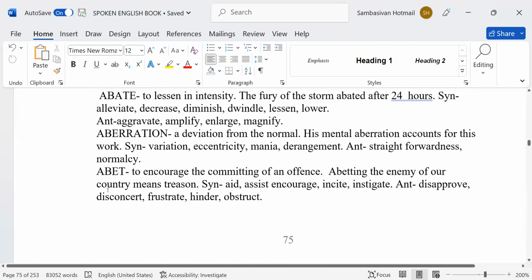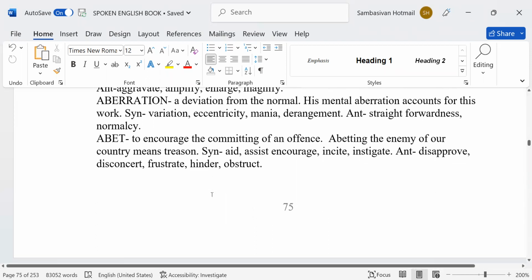Good. Continue. Aberration: a deviation from the normal. His mental aberration accounts for this work. Synonyms: variation, eccentricity, mania, derangement. Antonyms: straightforwardness, normalcy.